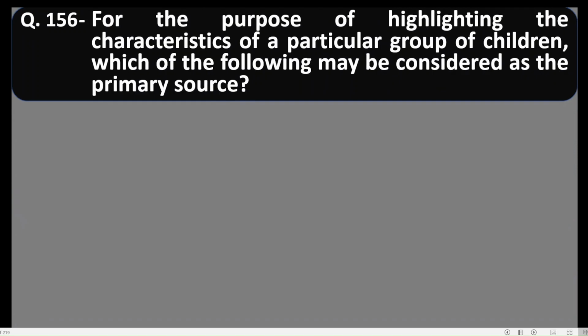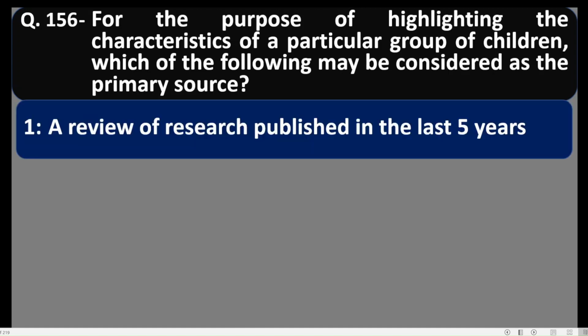Question number 156. For the purpose of highlighting the characteristics of a particular group of children, which of the following may be considered as the primary source? Let us see. A review of research published in the last 5 years. It is not a primary source.